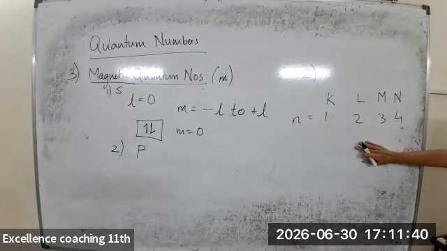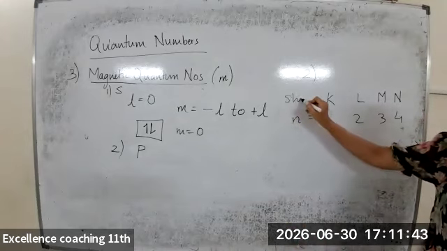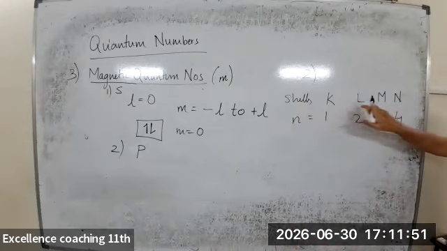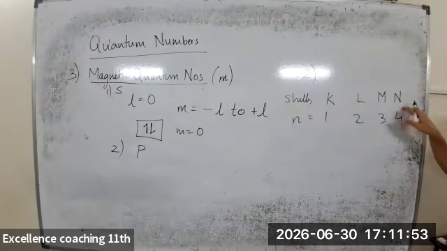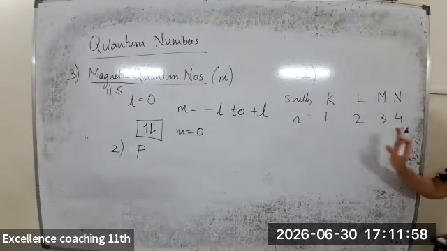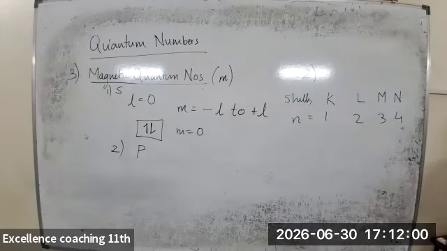These are nothing but your shells. So when you have the K, L, M, N shells, the value of n will be 1, 2, 3, 4. This is nothing but your principal quantum number.